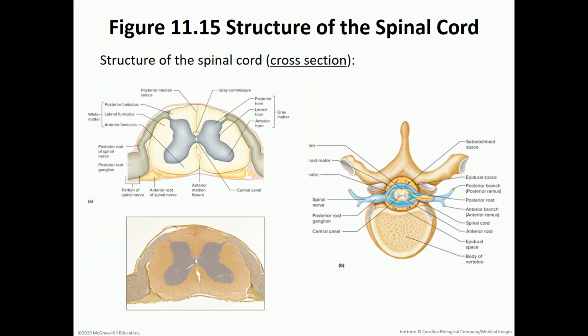Okay. Now you can see a cross section of the spinal cord. So we'll talk about the different parts that we are able to see. This right here is posterior, and this is anterior.